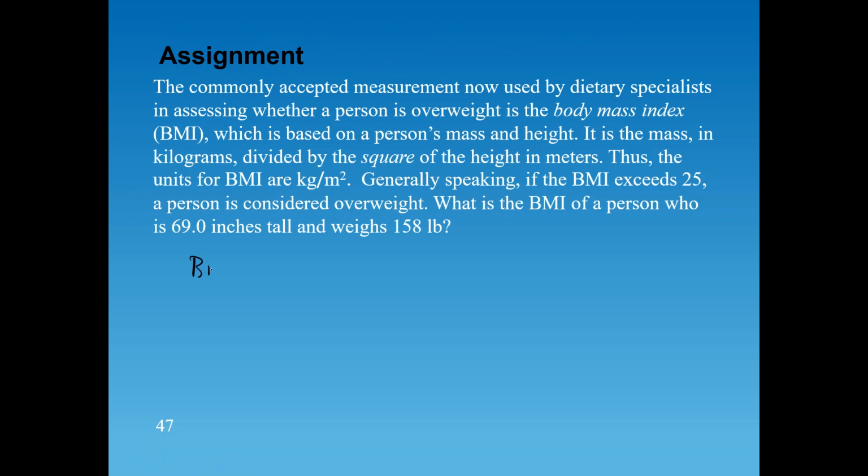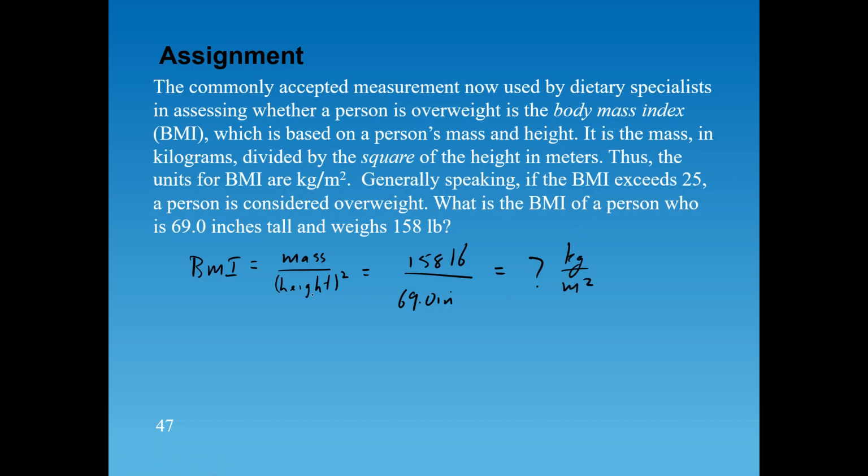BMI, according to what was stated here, is the mass of the person divided by the height of the person squared, all right? So in this case, the mass is 158 pounds for this person, and the height of this person is 69.0 inches. Now, what we need to do is convert this to kilograms per meter squared.